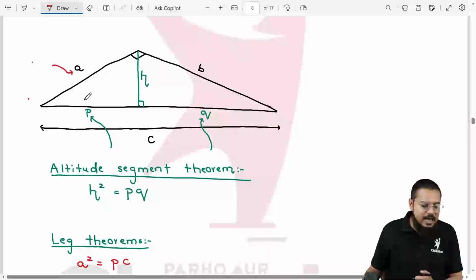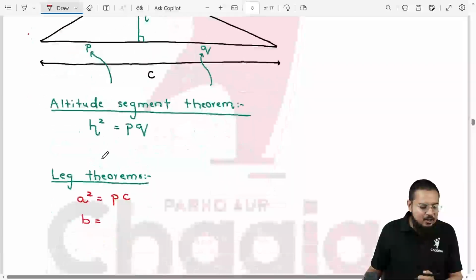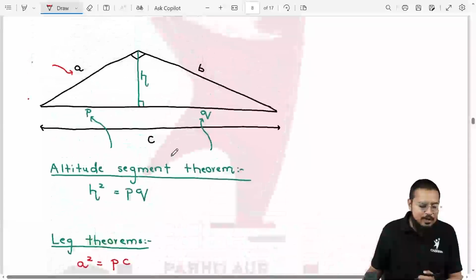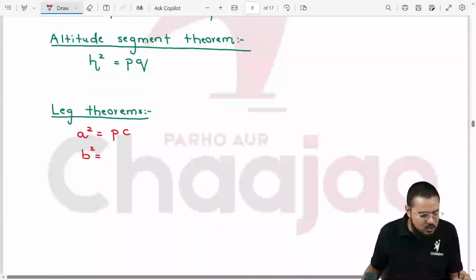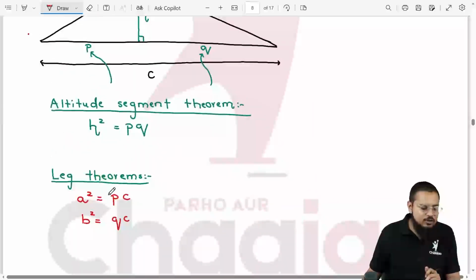For example, a is nearer to P, so you multiply P by the hypotenuse. And for the second leg, b, you use Q this time, because that's nearer to b than P is. So you multiply Q by c: b square equals q times c. This is called the altitude segment theorem and the leg theorems.